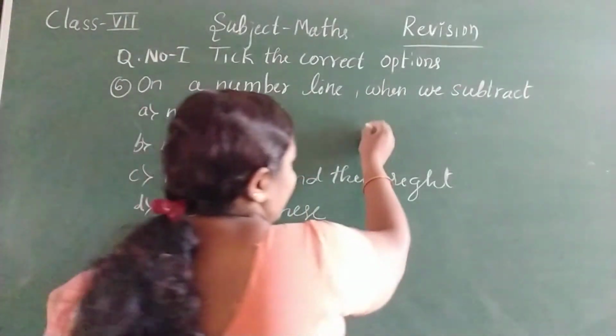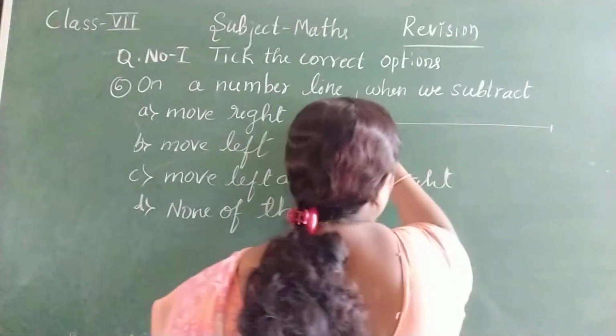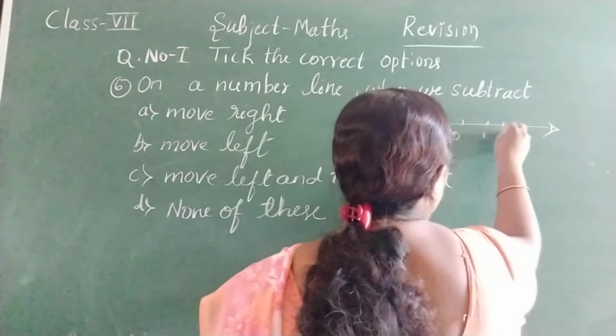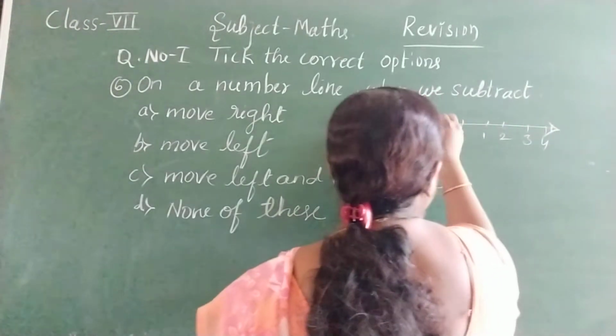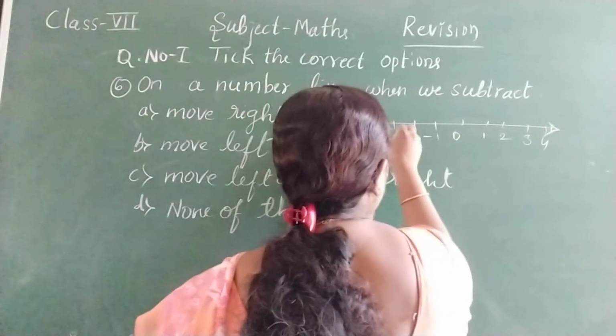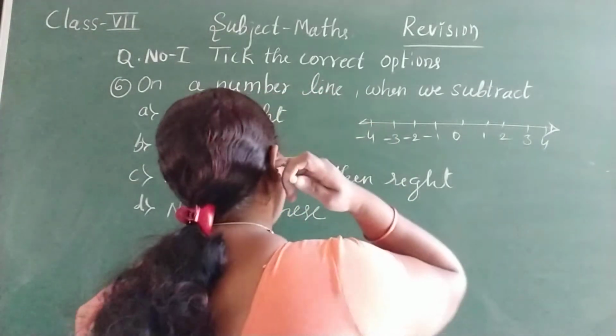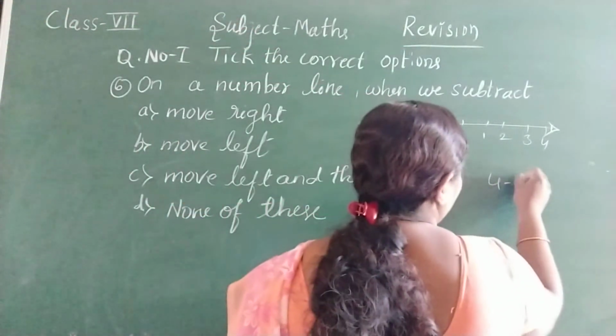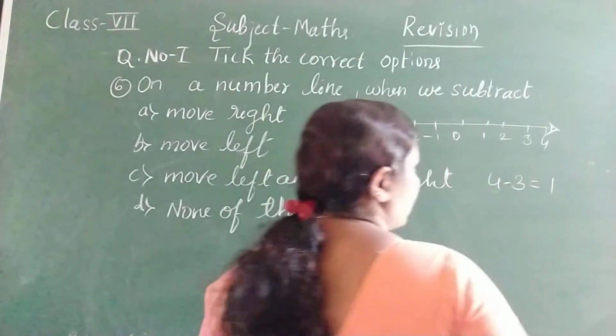So take a number line. Here you will get positive integers, and on this side you will get negative integers. When we subtract, suppose I take 4 minus 3, the answer is 1.